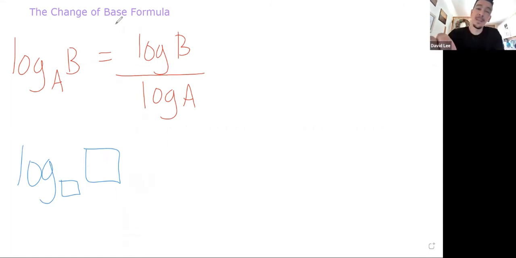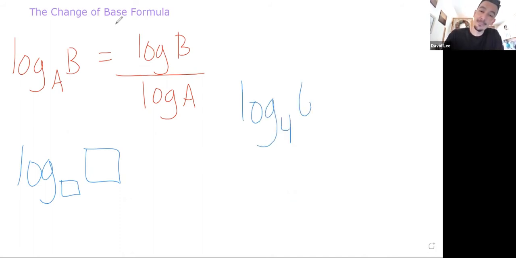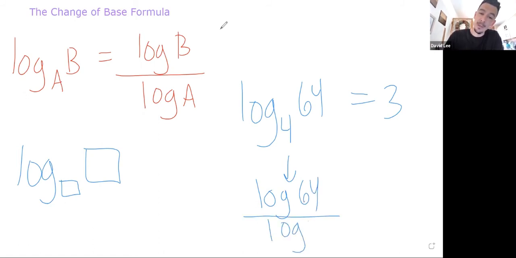For example, if I were to ask you, take out your Casio calculators and type in this here, your Casio would say 3. But what if you don't have this button here? Then do this instead. Type in log 64 over log 4. See that? I think everyone can do this because everyone has the regular log button.